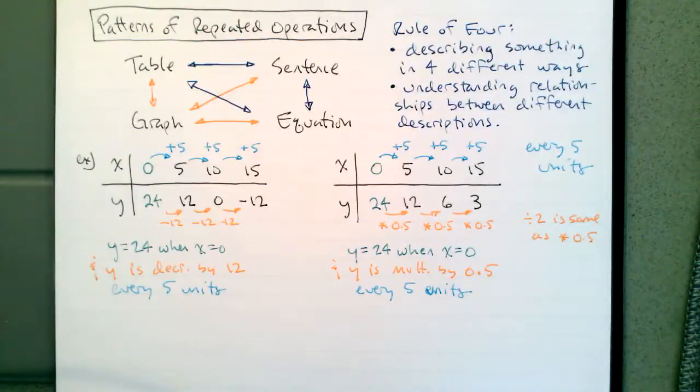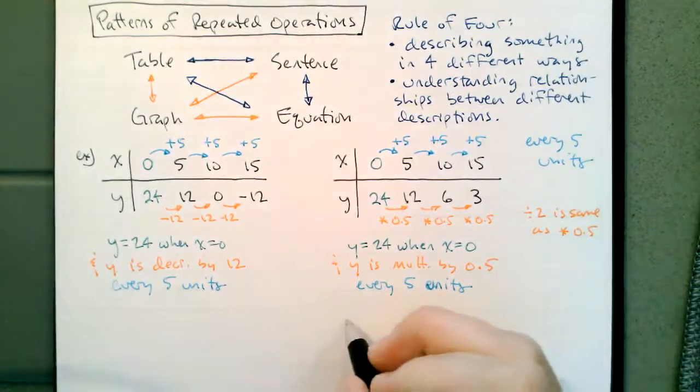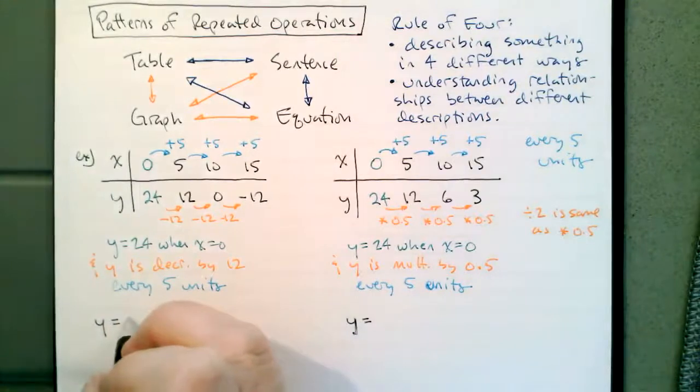Once we have a sentence describing what's going on in the function, we can write an equation that says the same thing, and we can format it in the same way. We could say our equation is going to start off by saying how y is related to x. So we'll start off y equals, and in both cases, y starts off at 24.